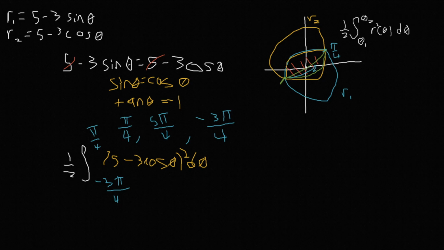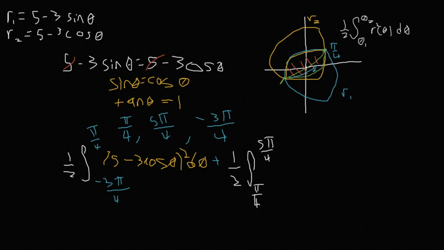What about finding this next area? Well, we have to pull out our 1/2 again, and then we're going to integrate. This time we're going from pi by 4 to 5 pi by 4, this angle all the way around to this angle. And what area are we looking at that is bounded here? That is the R1 curve, the 5 minus 3 sine theta curve.